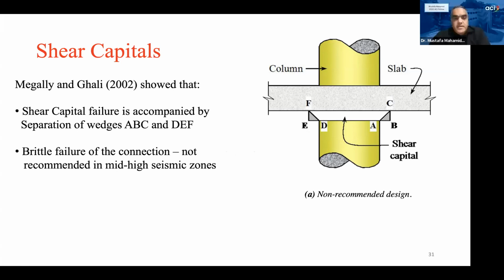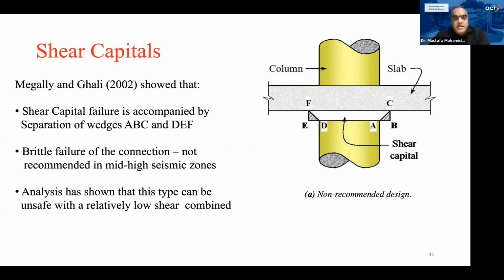Therefore, these are not recommended for mid to high seismic areas. Analysis has shown that this type can be unsafe with relatively low shear combined with high unbalanced moment, and that's why engineers stopped using those. It could also be unsafe with high shear and small unbalanced moment.